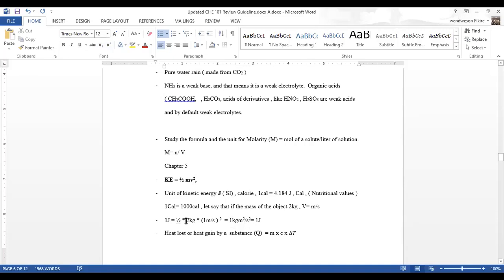If you assume the mass of the object is 2 kilograms and it has a speed of 1 meter per second, the joule can be calculated. So 1 joule equals, and the 2 and 2 will be crossed out. So 1 joule would be 1 kilogram meter squared per second squared. That's equal to 1 joule. This is an important term to identify, what 1 joule equals.